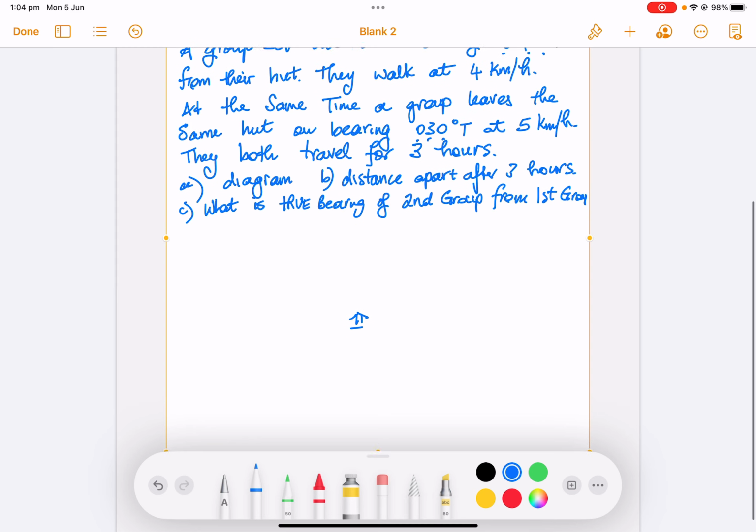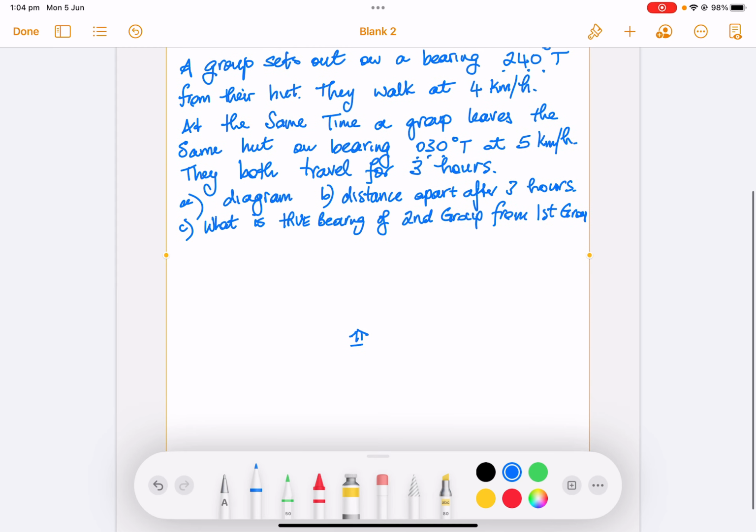So there's a hut. Let's put the hut in the middle. And let's get the first group, 240, well, that's west. And that's south. And then you've got a clock, 6 o'clock, 7 o'clock, 8 o'clock.